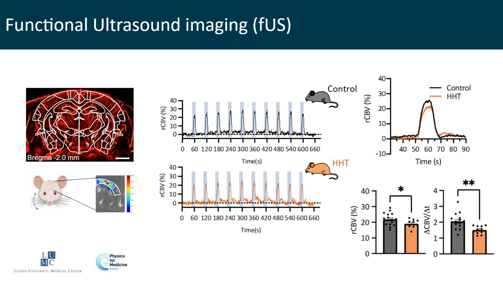The first is a slight decrease in the peak response, so there is a lower level of cerebral blood volume detected. But the most interesting thing is that there is also a delay in the response, so you need more time to reach the highest response, right? That's quite interesting. This proves that functional ultrasound imaging is sensitive enough to detect a defect, even if only a small population of pericytes is affected.